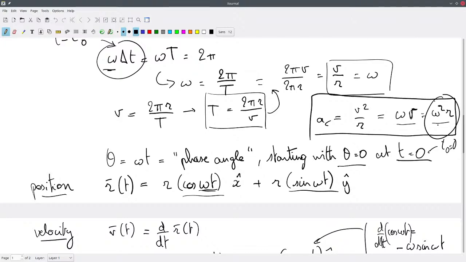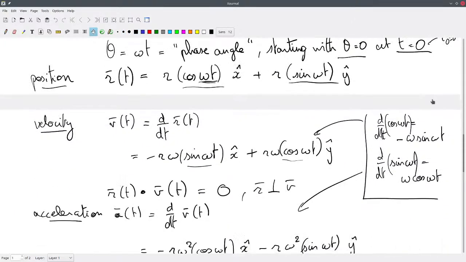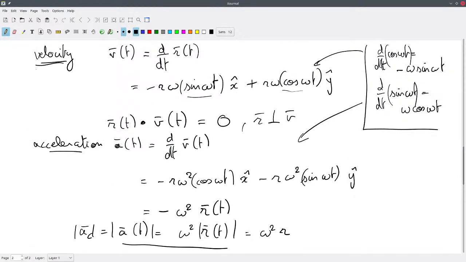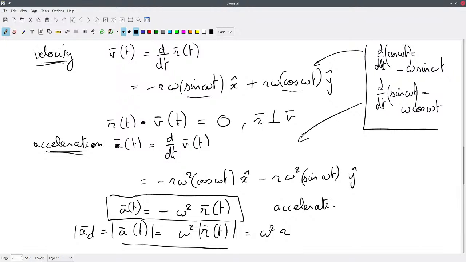So we can rederive this expression by going through the actual expression of the velocity and the acceleration to get to the expression that the acceleration is minus omega squared, or is proportional to, the position vector. The acceleration is parallel to the position vector.